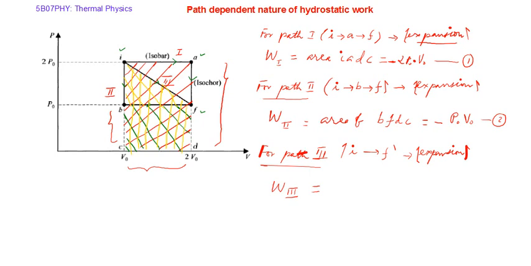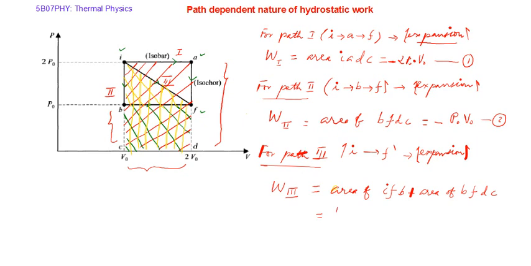So I can say that is equal to the area of triangle IFB plus the area of the rectangle, that is BFDC, which you can in the same manner calculate. Area of the triangle will be equal to half BH.